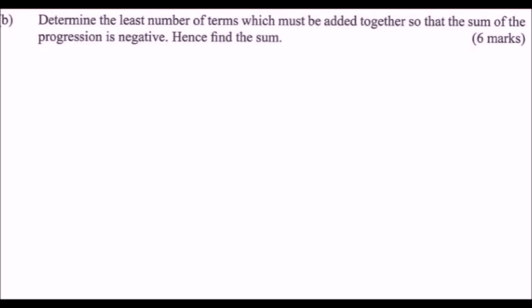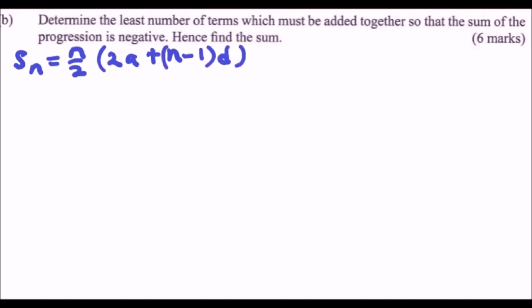So first of all, the formula for finding the sum of an AP is written like this: S_n is equal to n over 2 into bracket 2a plus (n minus 1) into bracket d.